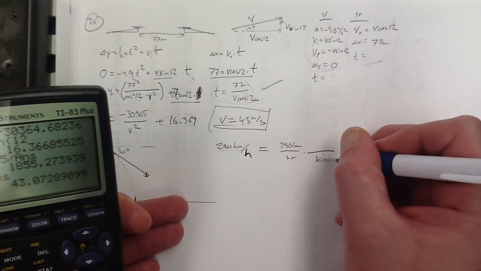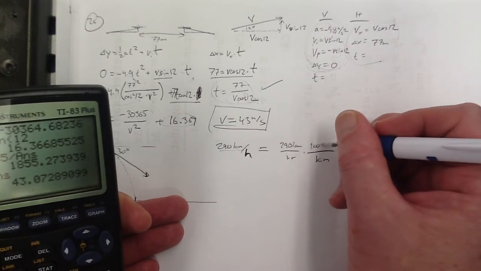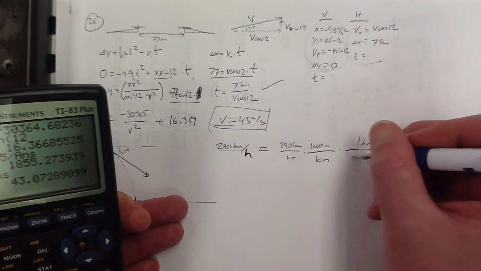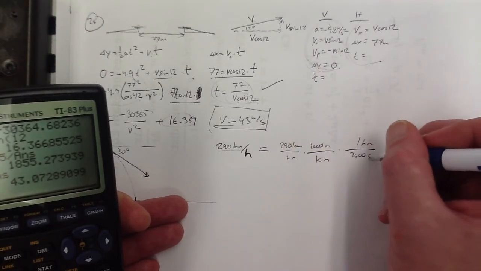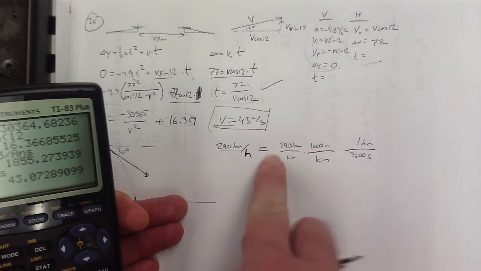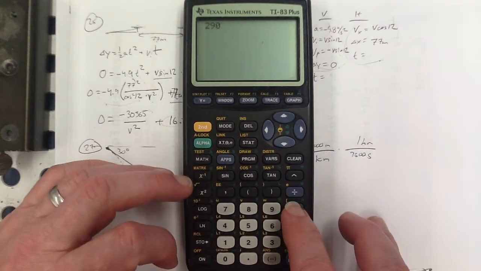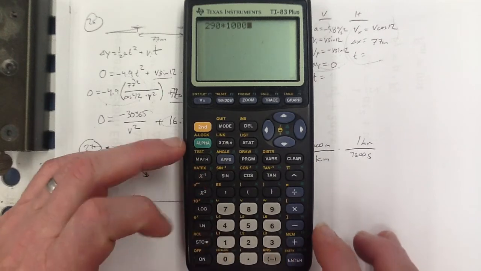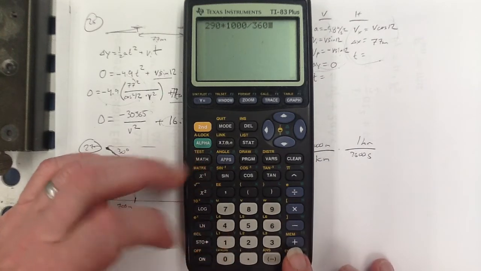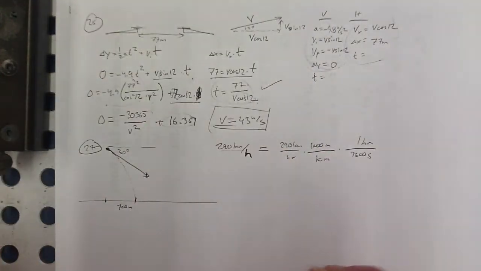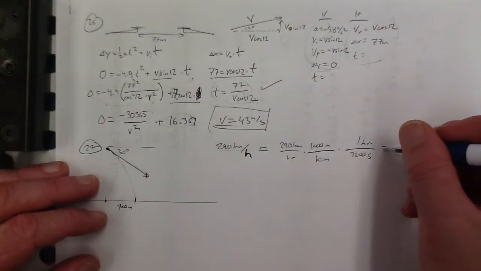A kilometer, a kilo means 1,000, and 1 hour is the same as 3,600 seconds. So I need to multiply by 1,000, divide by 3,600. That's 80.6.